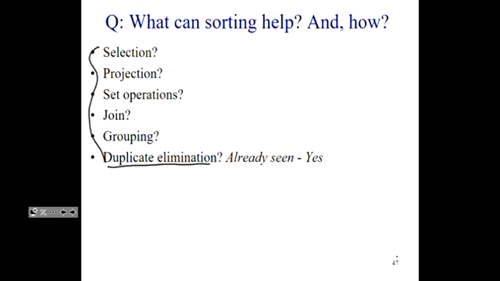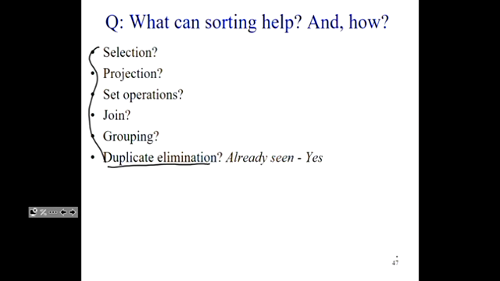Being able to filter out some portion of your relation without having to look at it is a boon. But if you don't have an index and can't retrieve the records in sorted order, then sorting doesn't actually help you for selection and projection, because for selection and projection, you just need one block in memory to make a pass through the relation.